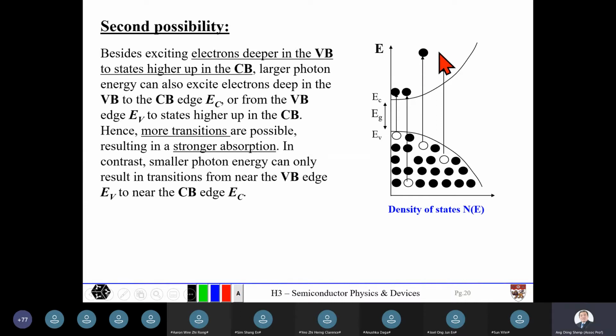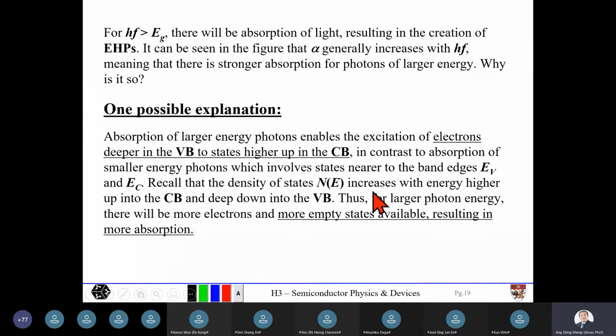Since there are many available energy states deeper into the conduction band, they can accommodate the many electrons that you find deeper in the valence band. So that's the first explanation why alpha increases with a decrease in the wavelength or an increase in the photon energy, which is described here.